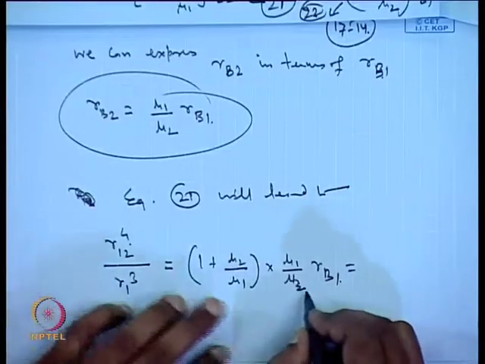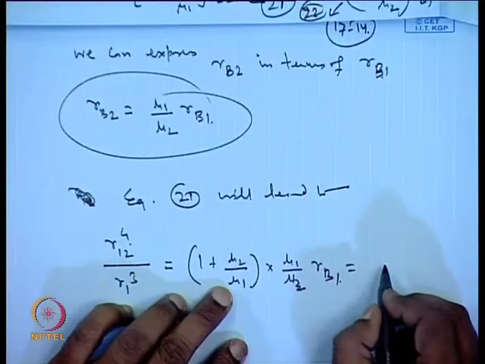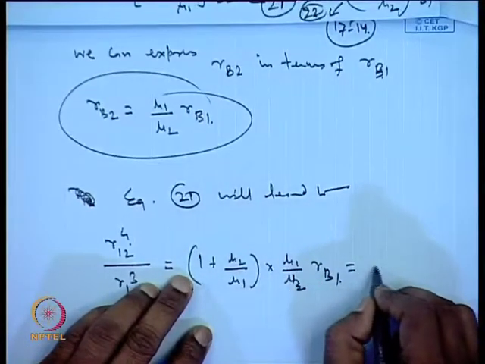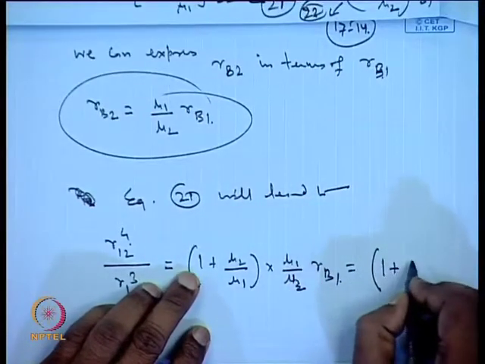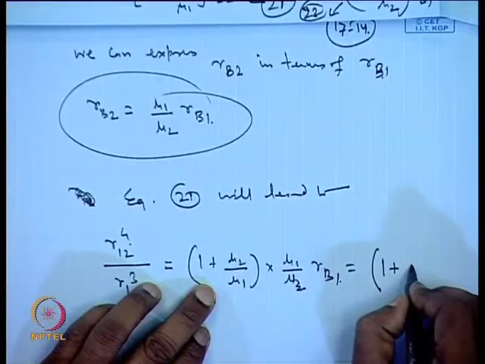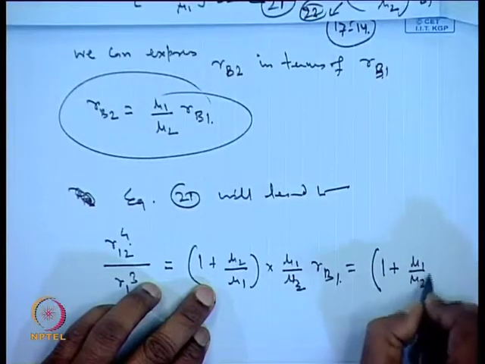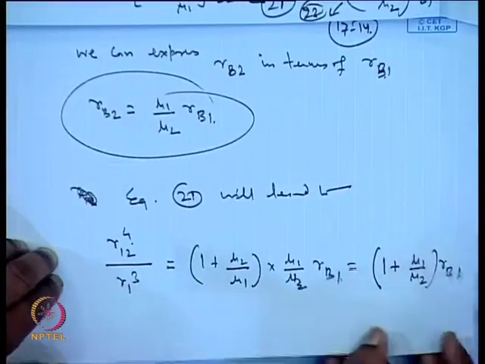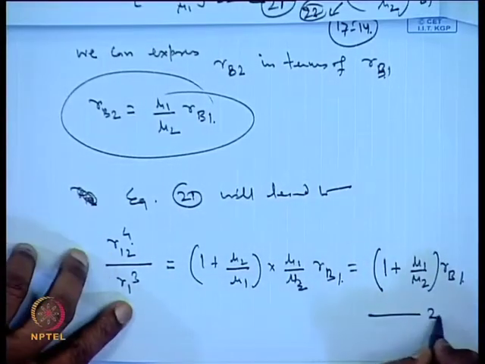So, here we can cancel out mu 1. If we multiply inside, this becomes 1 plus mu 1 by mu 2 times RB1. So, this we name as equation number 23.